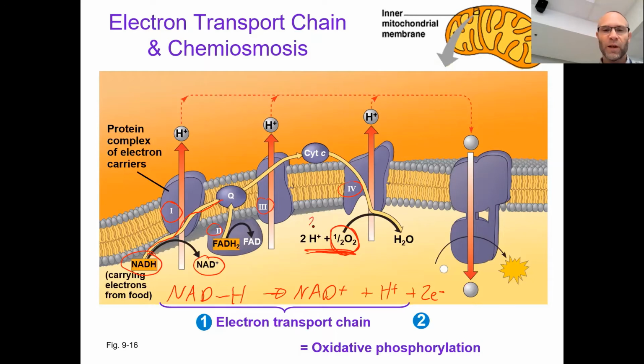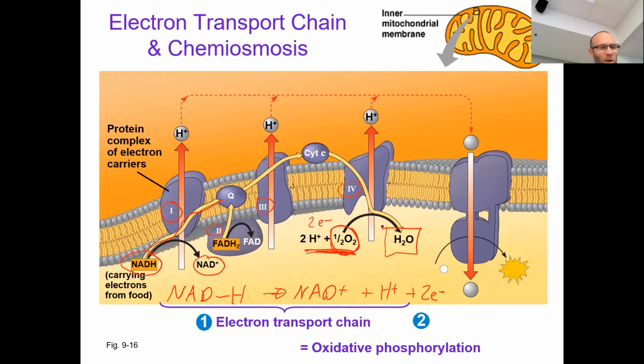And you're also going to have 2 electrons, but the 2 electrons, of course, are coming from this electron transport chain. So to start off at NADH, get transferred to complex 1, then to Q, then complex 3, then cytochrome C, then complex 4, and then eventually oxygen, and we are making this thing here, H2O, which of course is water.